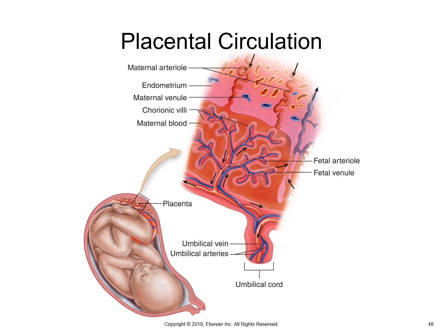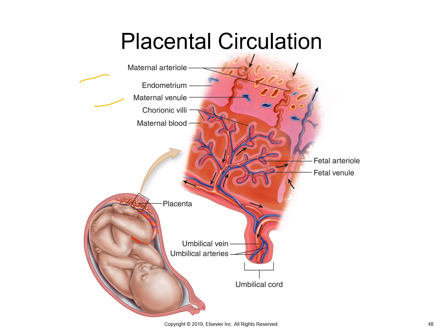Some of the key structures that are here: we have the maternal blood supply, so the maternal arterioles and venules, which are here, are going to be supplying and draining blood into what we call an intervillous space.